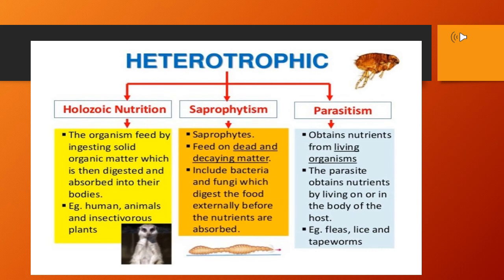So we can conclude that the organism feeds by ingesting solid organic matter, which is then digested and absorbed into their bodies. That comes in the process of holozoic nutrition. For example, human beings, animals and amoeba have holozoic mode of nutrition.